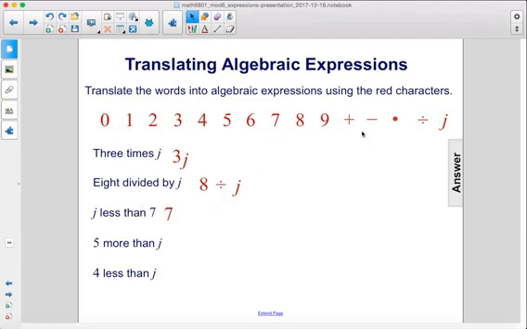So 7 minus j. So this amount, j less than 7, 7 minus j. 5 more than j. So j plus 5. And 4 less than j is j minus 4.